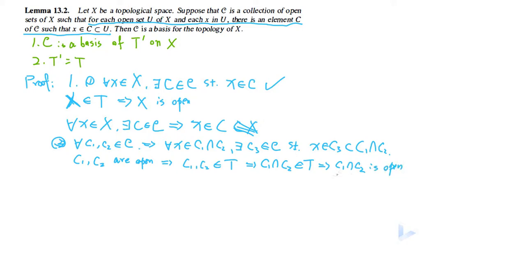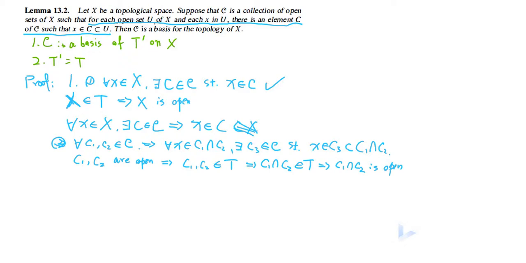Okay, and then because this intersection is open, we can again replace the U in this property with this intersection C1 and C2, and see what we can get.